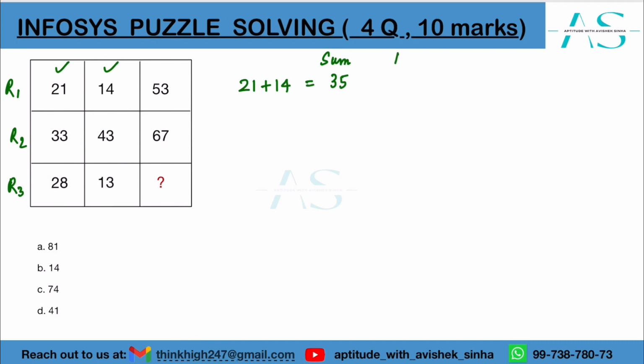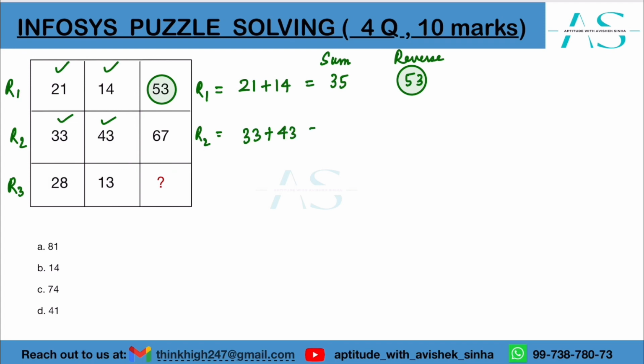Now what is the reverse of this? 53, and that is my last number. We have a pattern here, we have a logic here. We don't have a connection as of now, we have a logic. Let's see if this logic applies to the second row as well. If it follows for the second row, then that should be following for the third row as well. Simple. Okay, let's use it in row number 2. 33, 43.